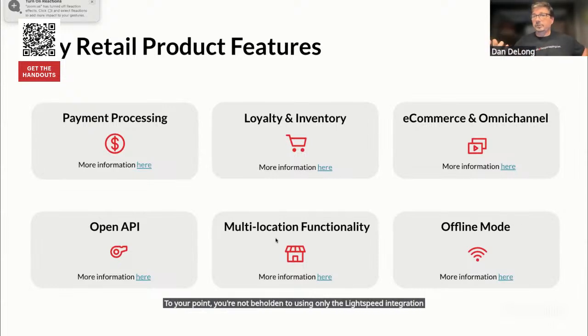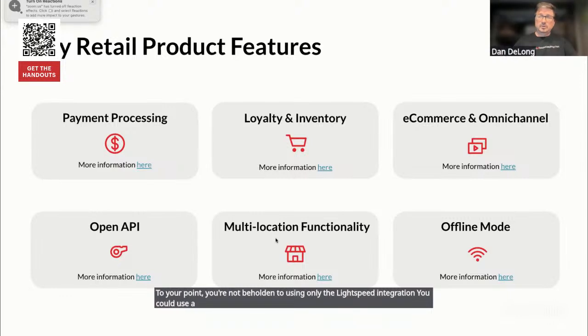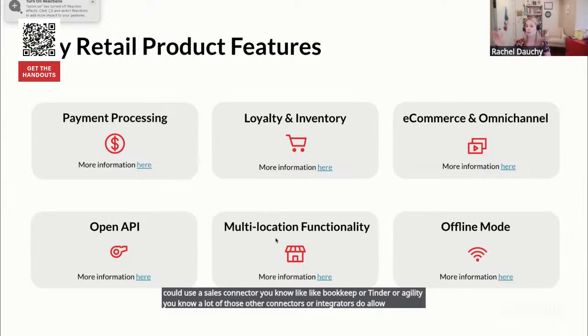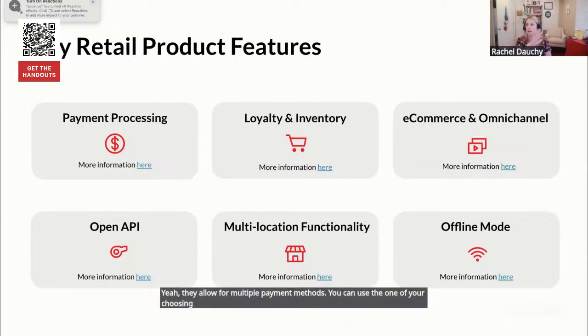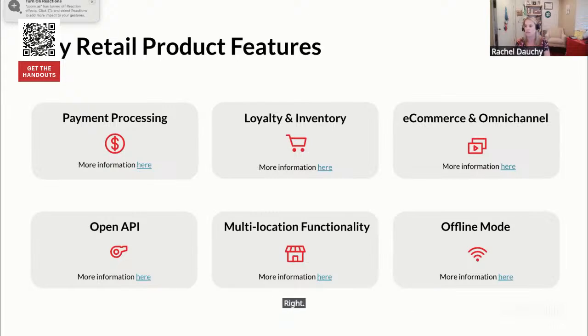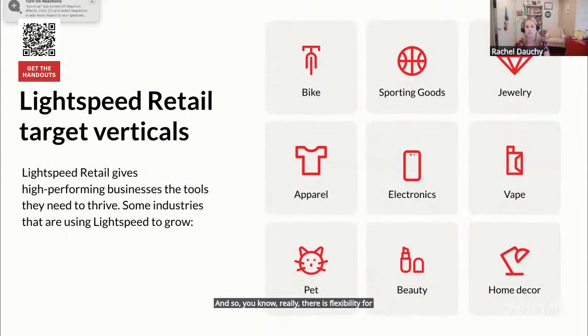You could use a sales connector, like Bookkeep or Cinder or Agility. A lot of those other connectors or integrators allow for multiple payment methods, so you can use the one of your choosing. My clients are very particular on the POS system they want to use because of the rates, so there is flexibility for them to keep using what they want to use.